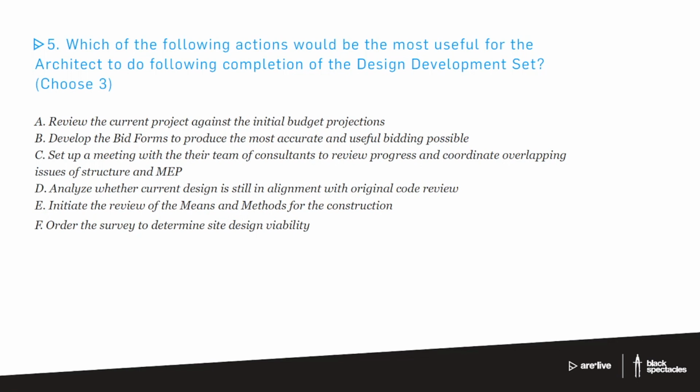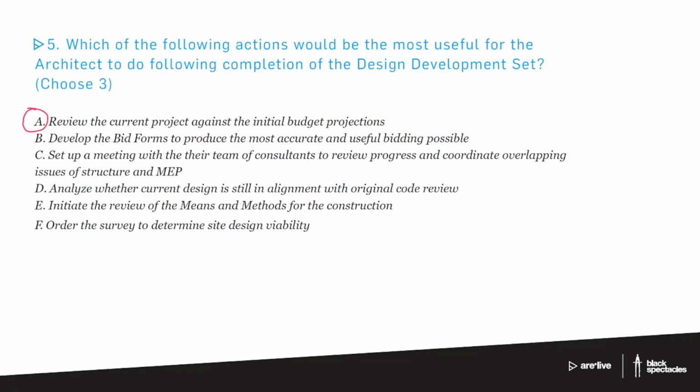So A, review the current project against the initial budget projections. Absolutely. It's very easy to have creep on these things and things to get out of hand. At the end of schematic design, you're going to review the project compared to the original budget projections. When you get to the end of design development, you're going to review the project against the original budget projections.